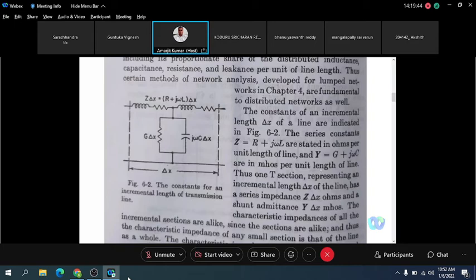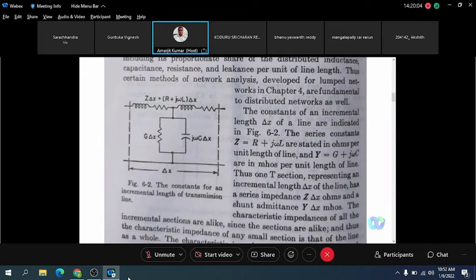And Y will be the shunt admittance per unit length of the uniform transmission line.